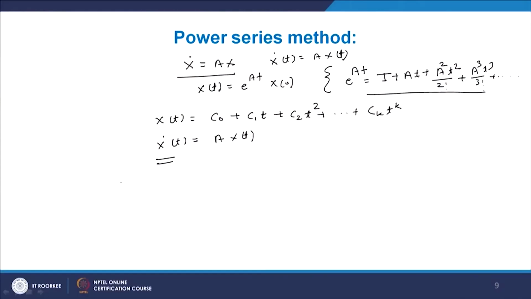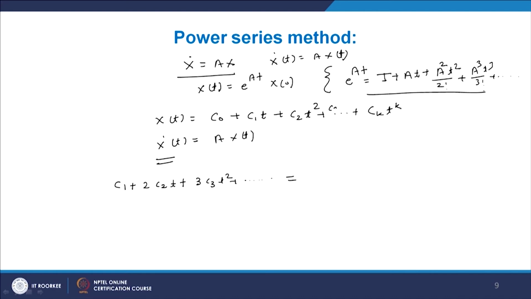Therefore, we write the equation as C1 plus the differentiation of C2 t, which is 2 C2 into t, plus 3 C3 into t square, and this process is repeated.